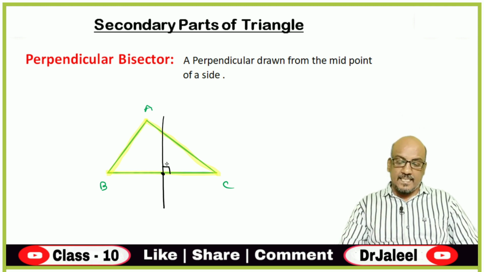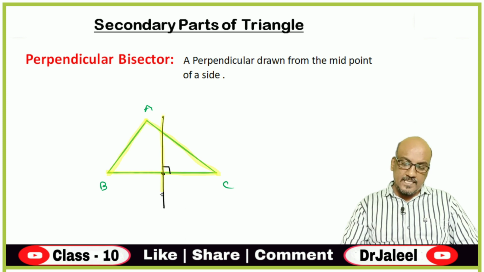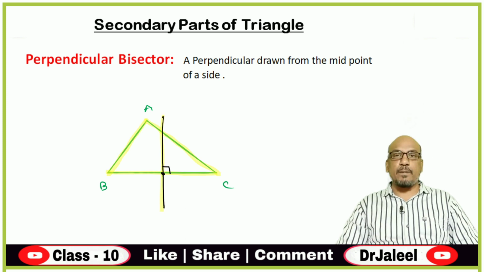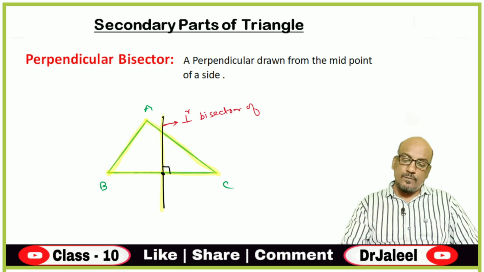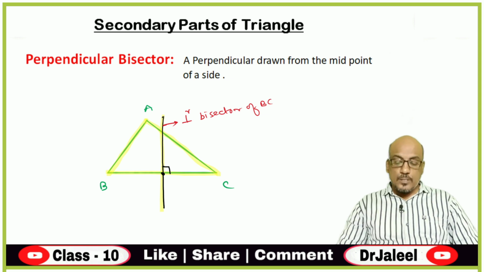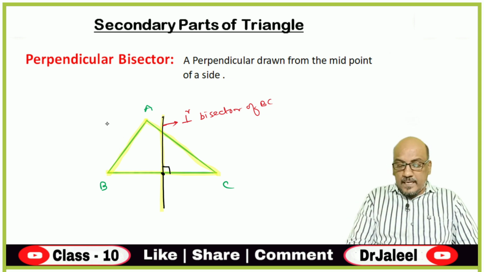So this line is called, let me highlight it, this line is called perpendicular bisector of BC. This is perpendicular bisector of BC.